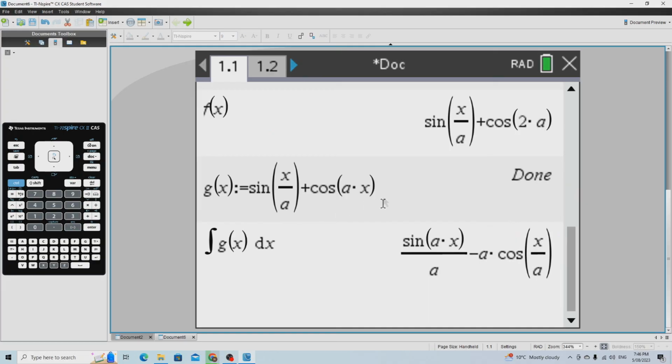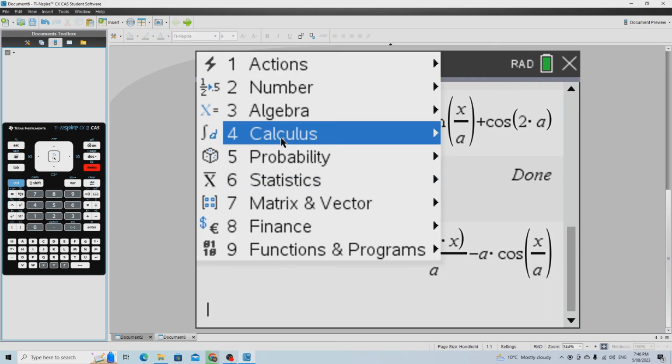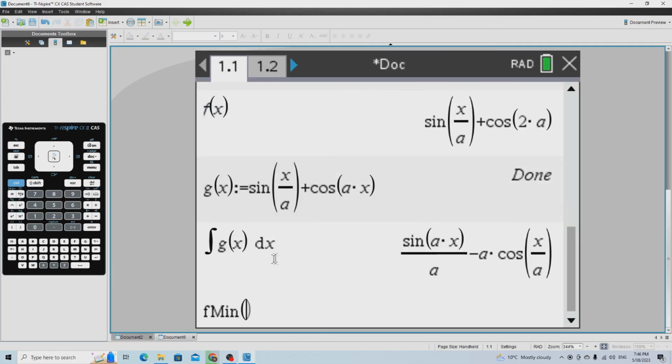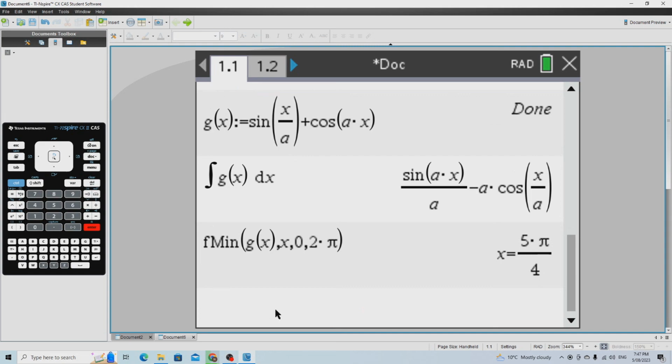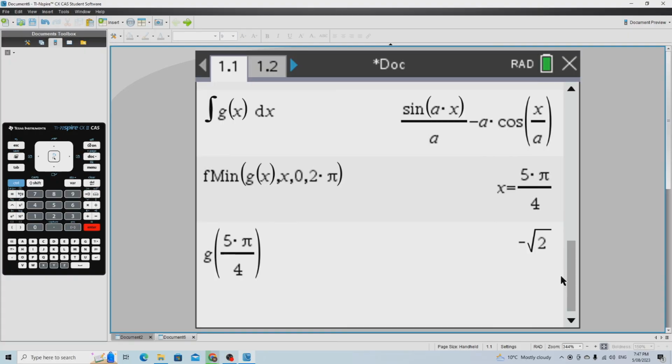So a equals 1. We go to menu, calculus, minimum of g of x, comma x, from 0 to 2 pi. If we sub that into our function, we get negative root 2.